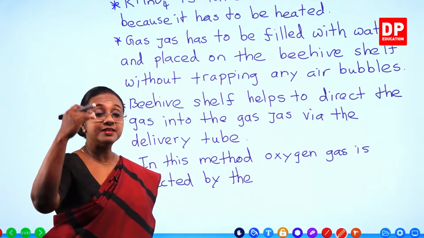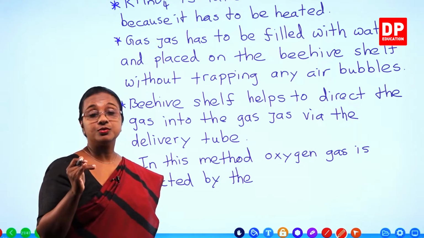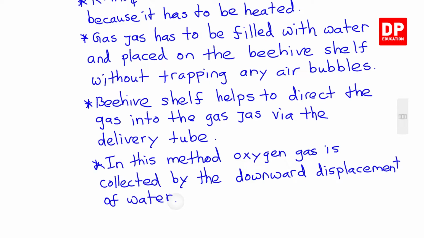We displace the water down. Water is pushed down and the gas goes up. So it is the downward displacement of water. How is this possible?